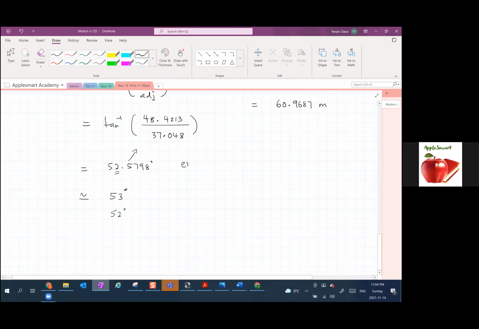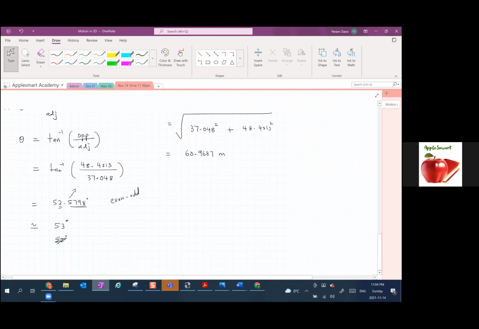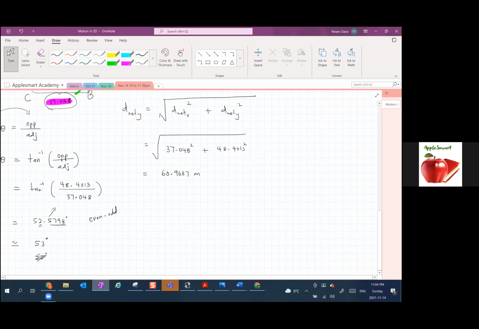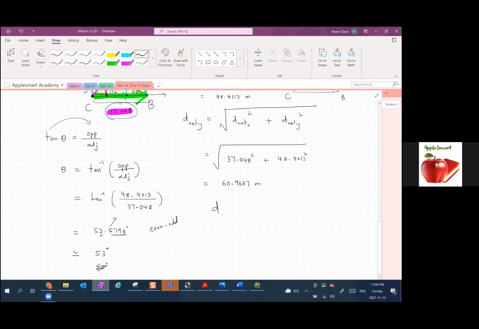Have you guys learned the even-odd rule? No. You have not. Okay, so in that case, because this looks like it's more than 0.5, we're going to say 53 degrees.